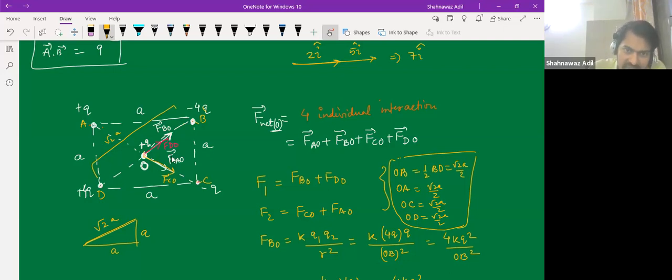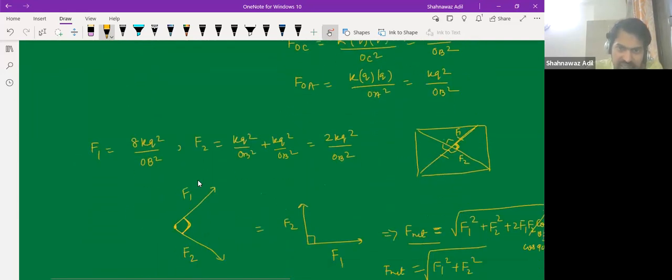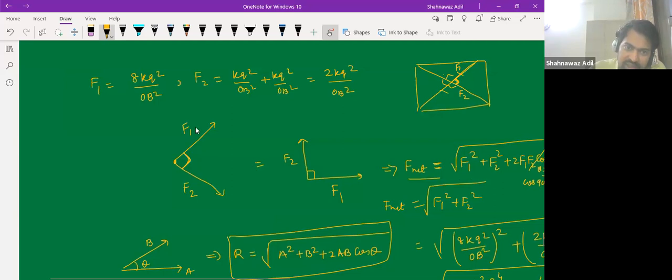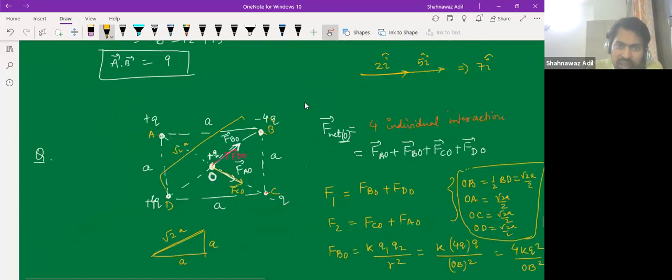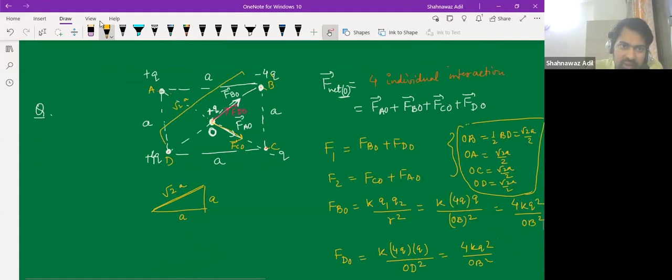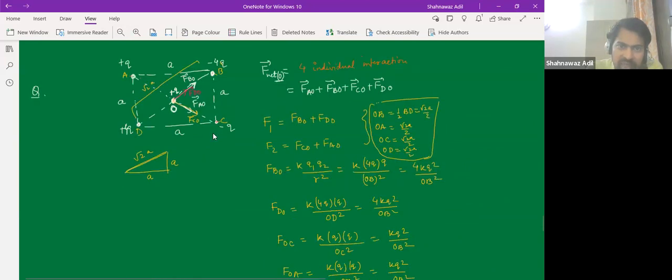So then we calculated F net, and F net was just the vector sum of these two. So that is what we did in this. Please note down this question, and then we will talk about the next one. Always remember that we follow the superposition principle in case of Coulomb.